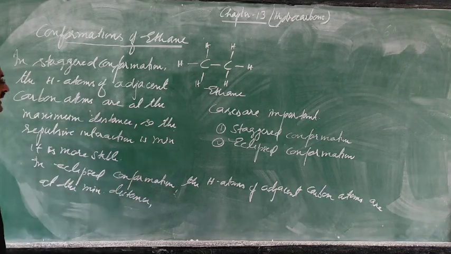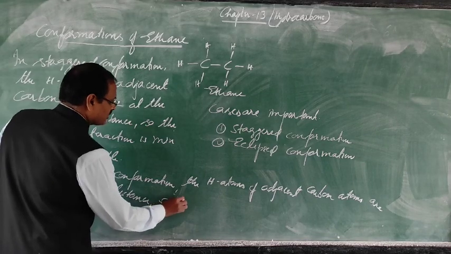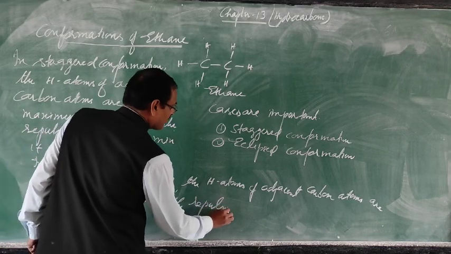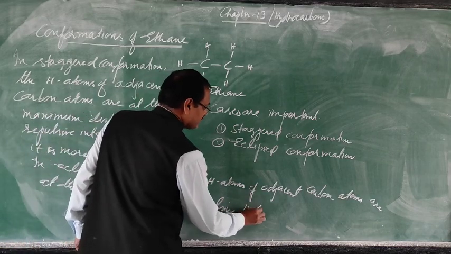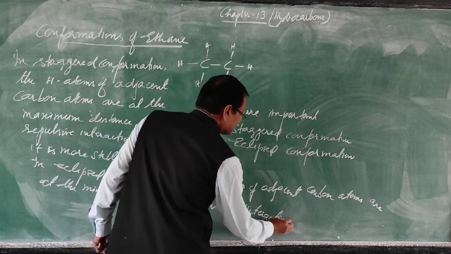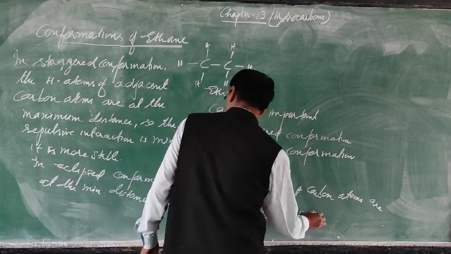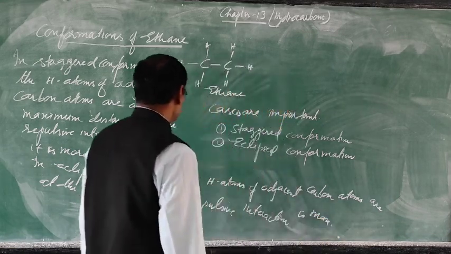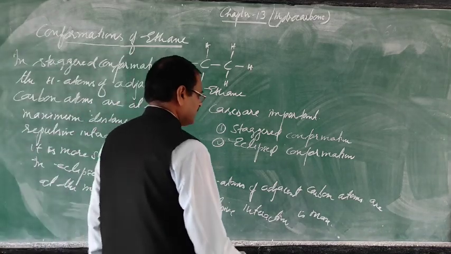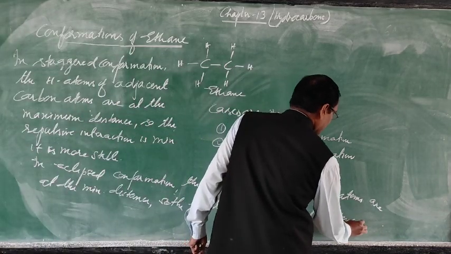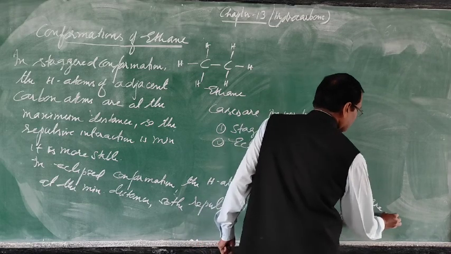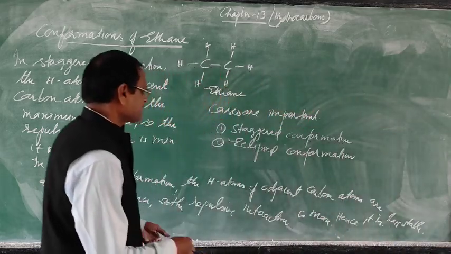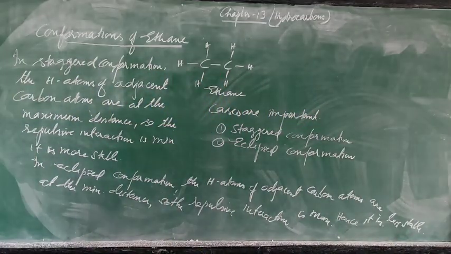So the repulsive interaction is maximum. Hence it is less stable. So between staggered and eclipsed, staggered is more stable.